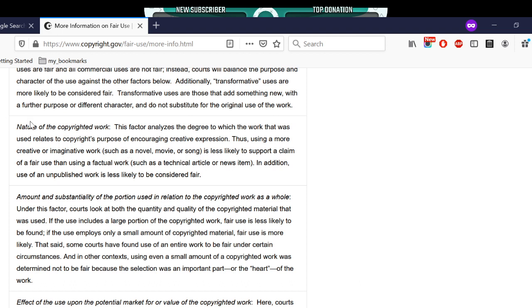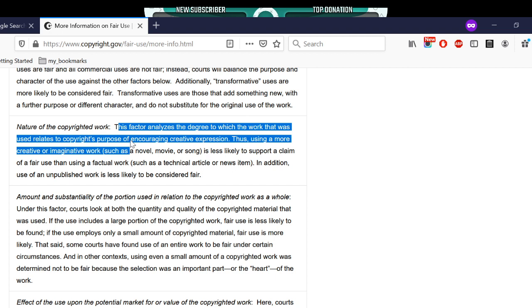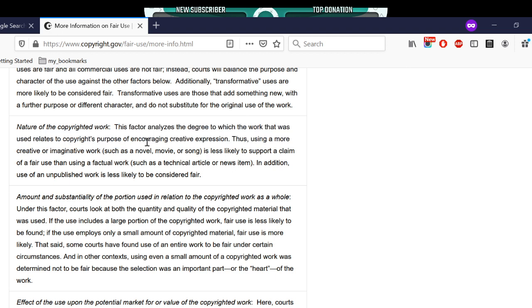Another factor that is considered is the nature of the copyrighted work. This factor analyzes the degree to which the work that was used relates to copyright's purpose of encouraging creative expression. Thus, using a more creative or imaginative work, such as a novel, movie, or song, is less likely to support a claim of fair use than using a factual work.